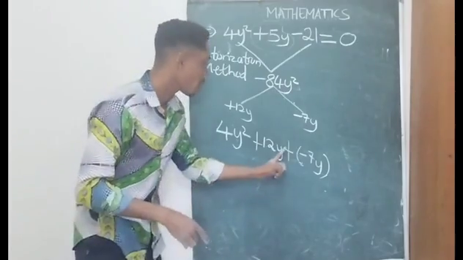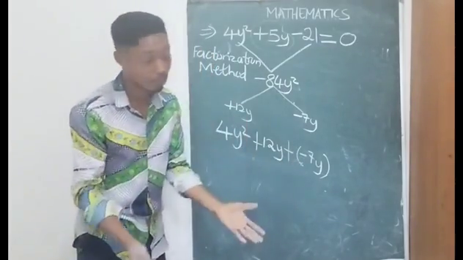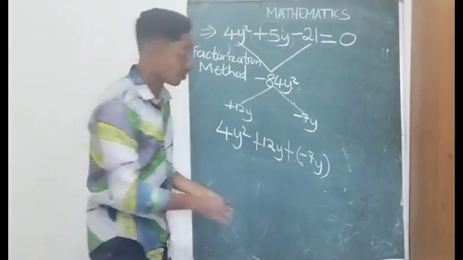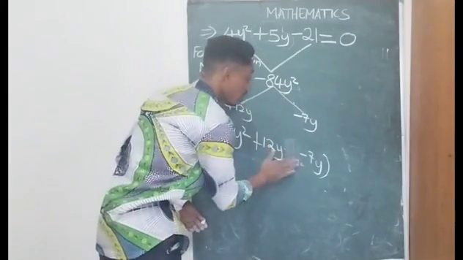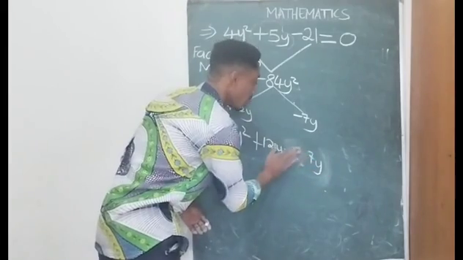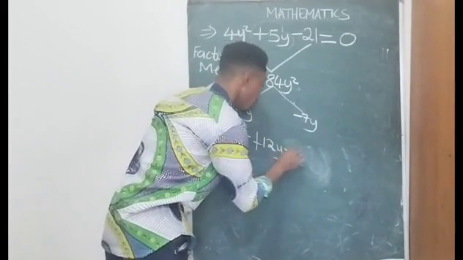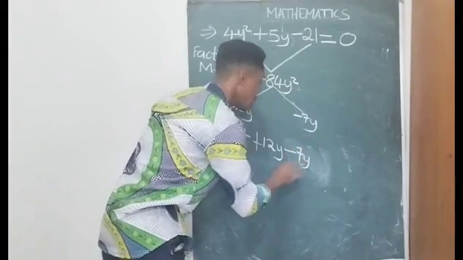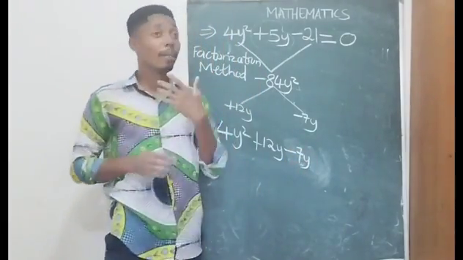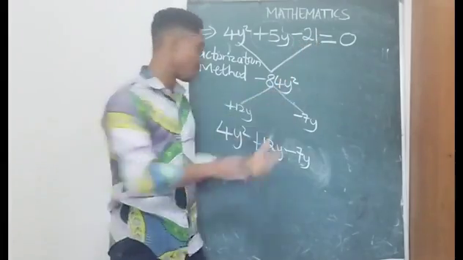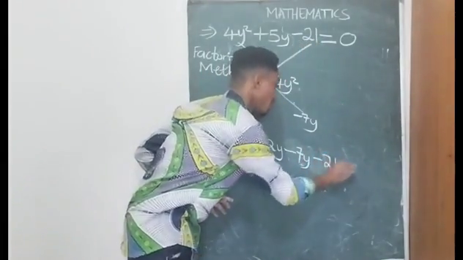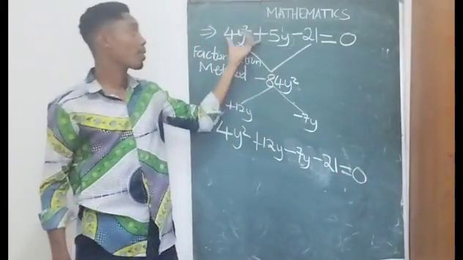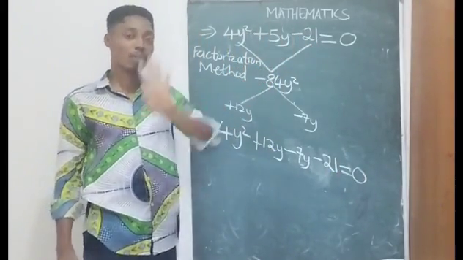Look at this. Plus minus is minus. So that is still the same thing as minus 7y. And the constant is minus 21 equal to 0. So 3 terms becomes 4 terms.